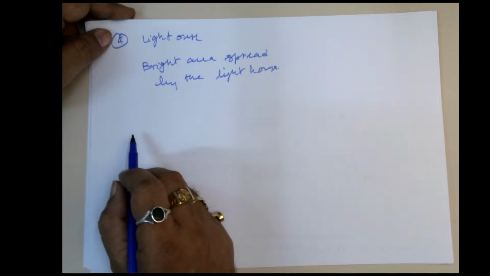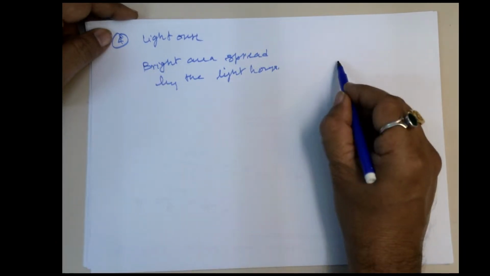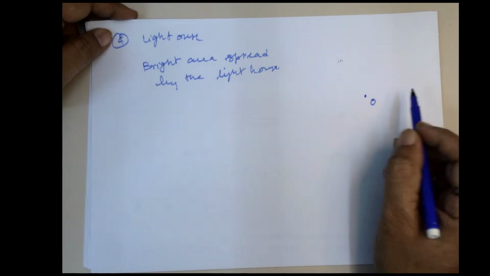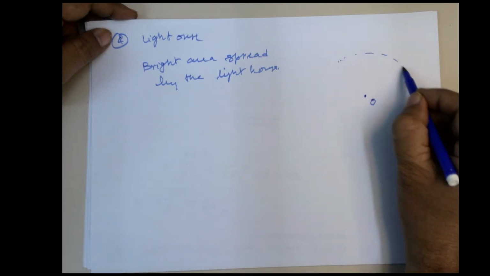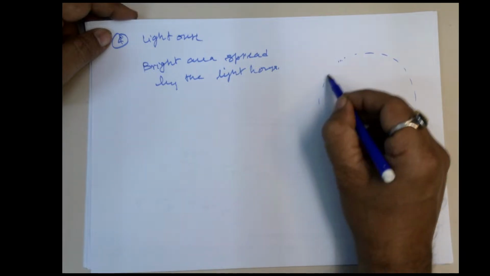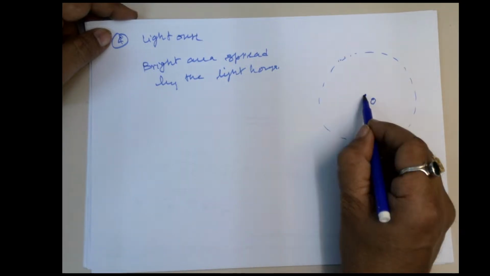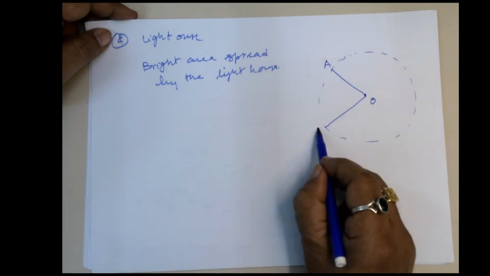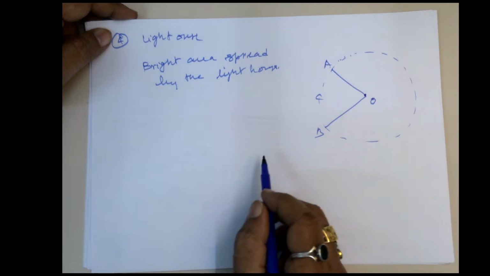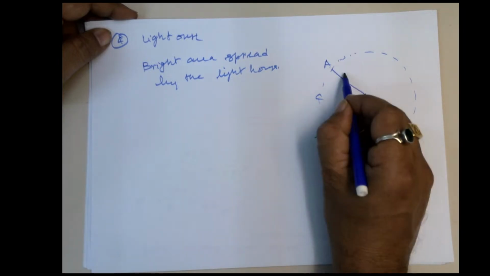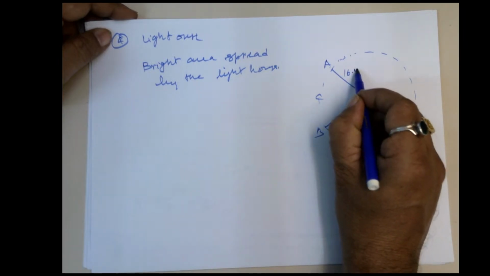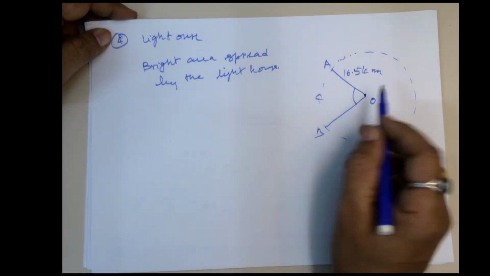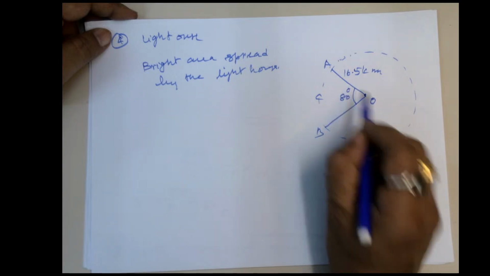Now this is the lighthouse, O is the lighthouse. Now this is the circular path around the lighthouse. Let me say it spreads the light like this. So A, B, C. This is around 16.5 kilometer, and the angle swept is 80 degrees. So how to calculate this?